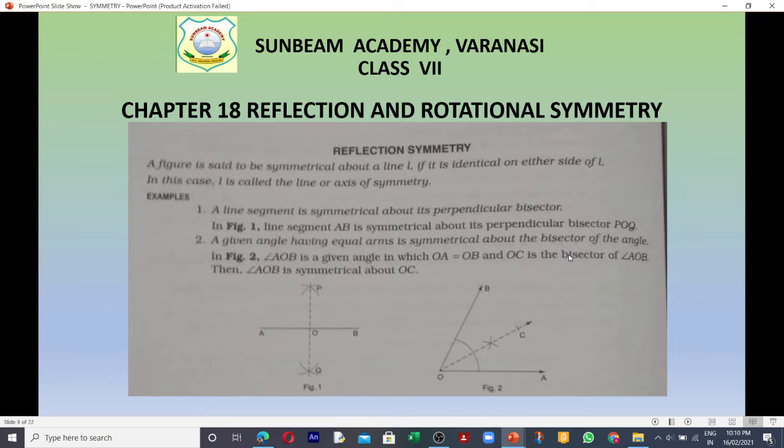Now, if you see your book, a figure is said to be symmetrical about a line if it is identical on either side of the line. This is the definition given in your book. A line segment is symmetrical about its perpendicular bisector. A given angle is symmetrical about the bisector of the angle.